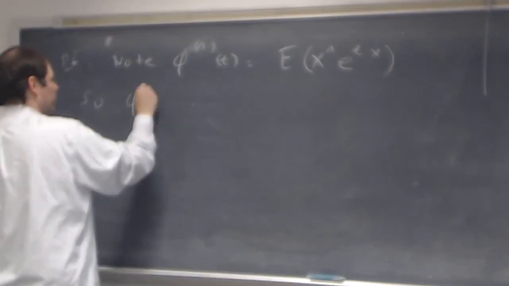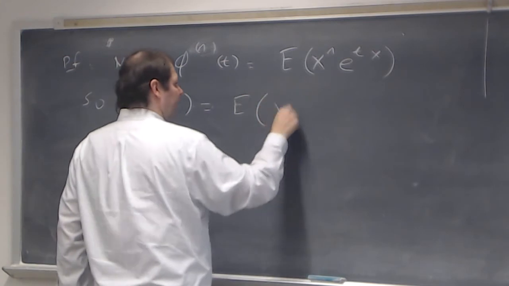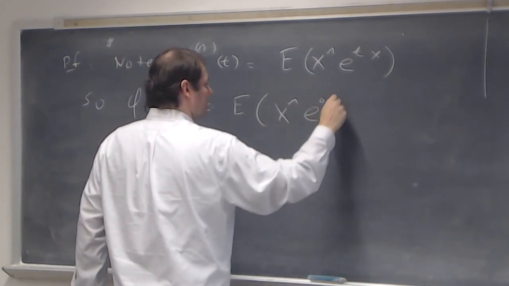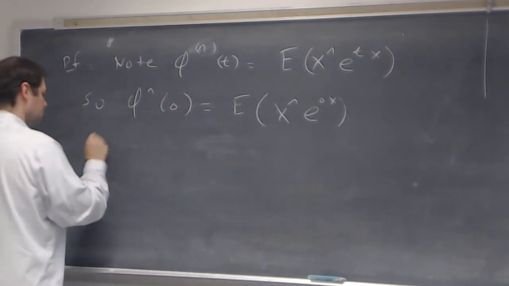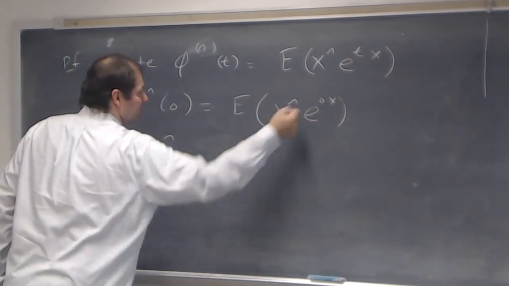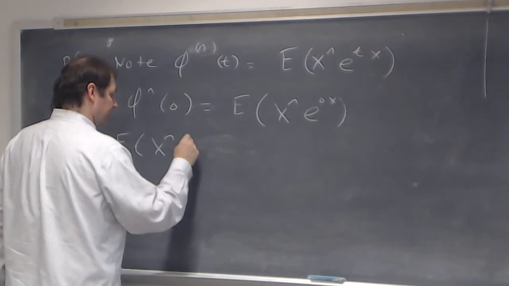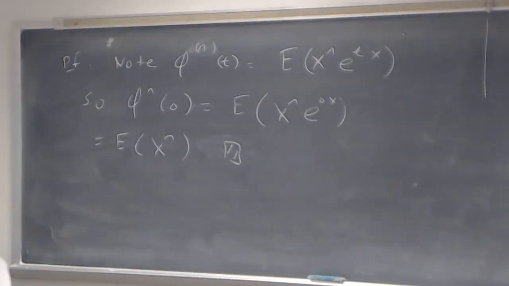So, if you were to evaluate this at 0, what you get is the expected value of x to the n times e to the 0 times x, and 0 times the random variable x is just 0. This is e to the 0, which is just 1. And so we just get the expected value of x to the n. That's it.